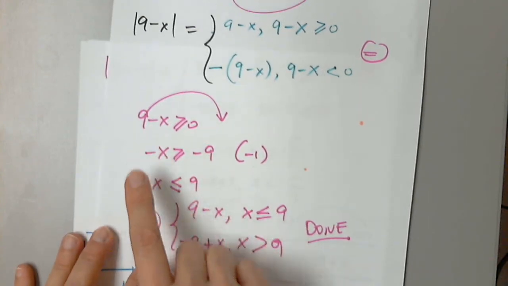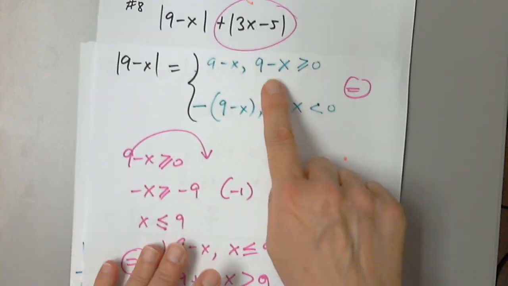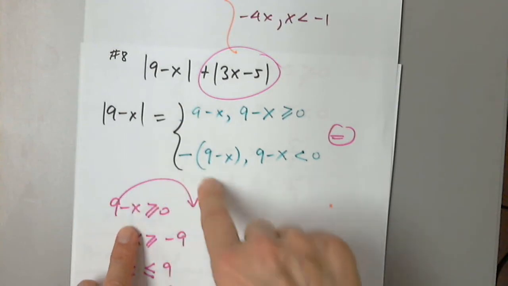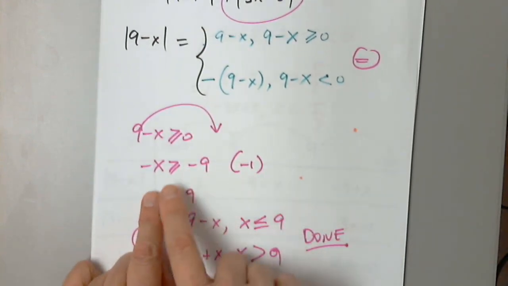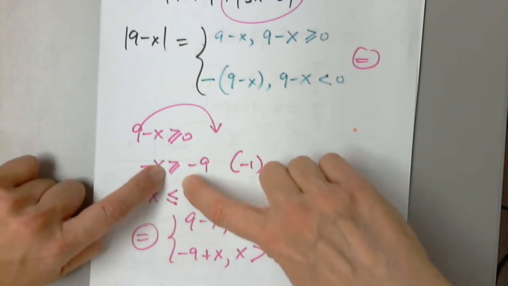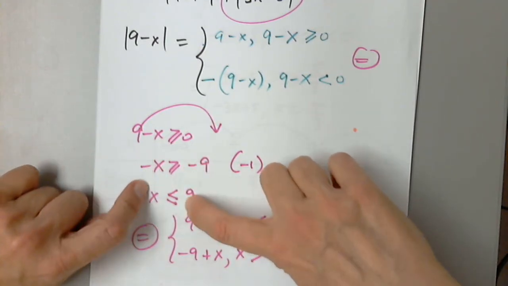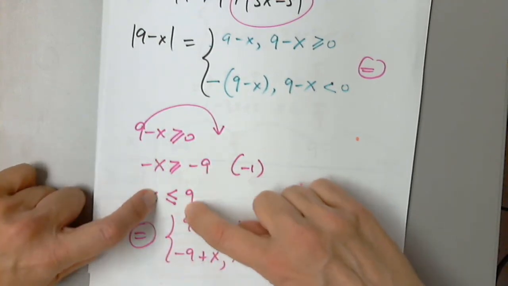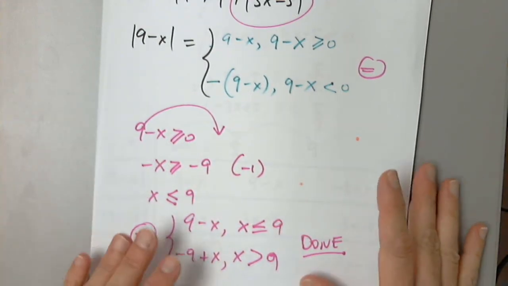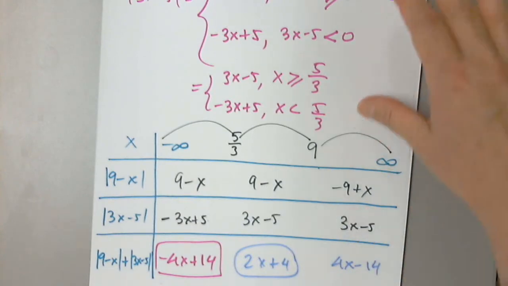So 9 minus x greater than or equal to 0. You move 9, it becomes negative 9. You divide both sides by negative 1, and you have to switch the inequality symbol. When you multiply or divide both sides by negative 1, you have to switch the inequality symbol. Okay, let me give you an example on that. Was that the question? Okay, very good.